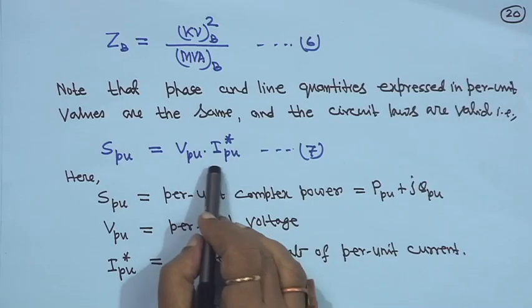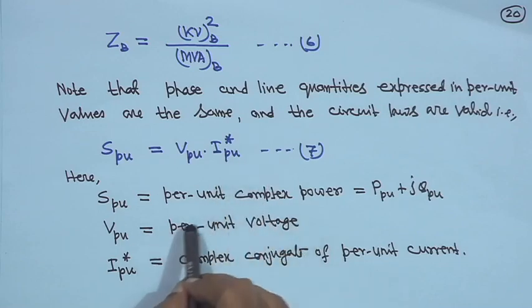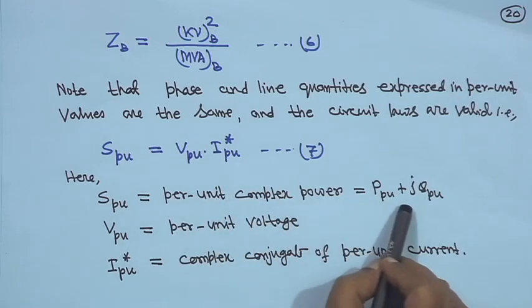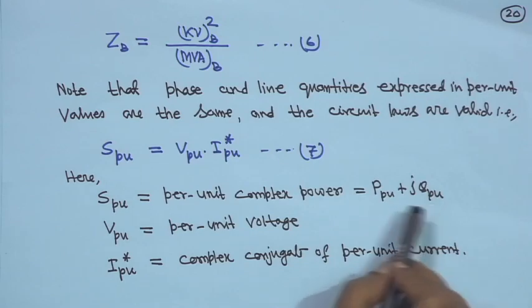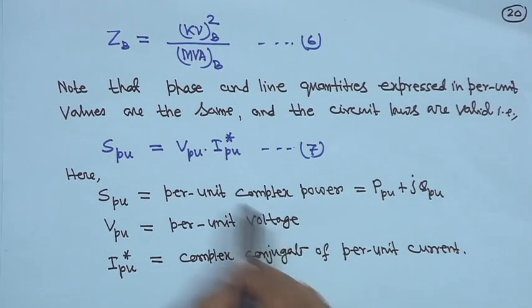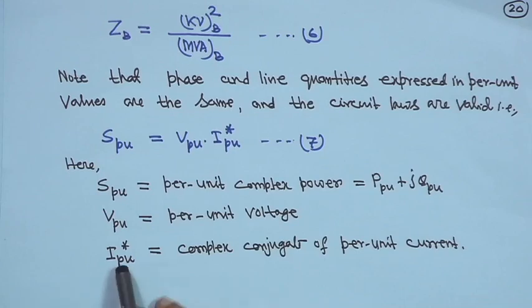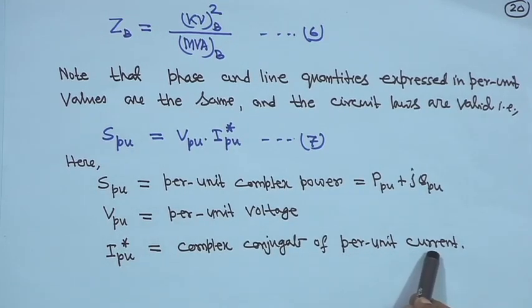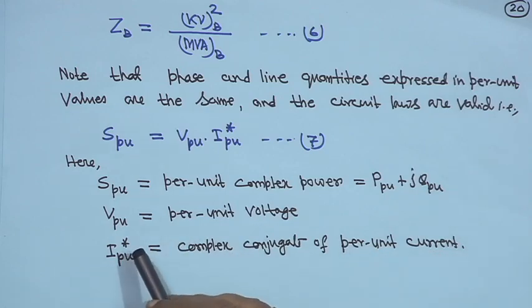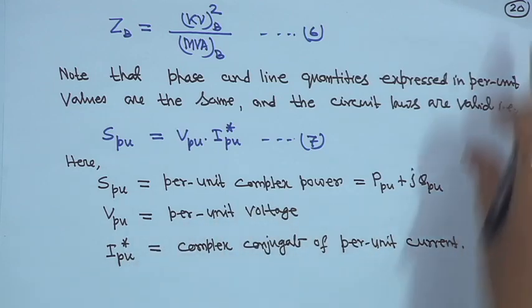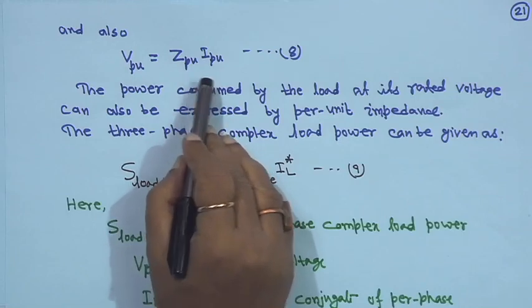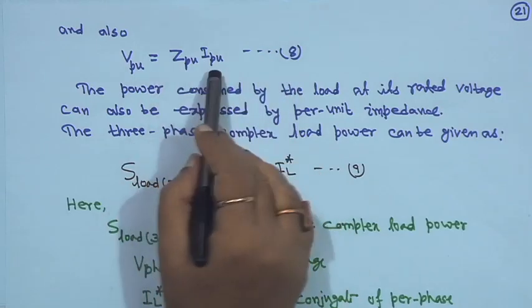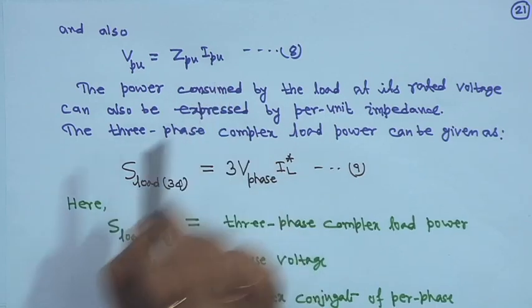So, SPU is equal to VPU into IPU star, where SPU is per unit power, that is PPU plus jQPU, all per unit, VPU is per unit voltage and IPU star is the complex conjugate of per unit current. And also VPU is equal to ZPU into IPU, this is equation 8. These are the standard electrical equations.